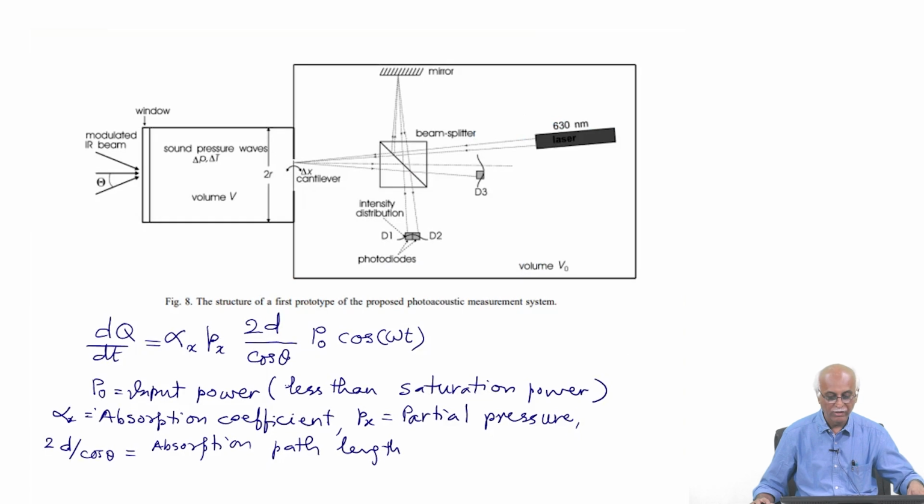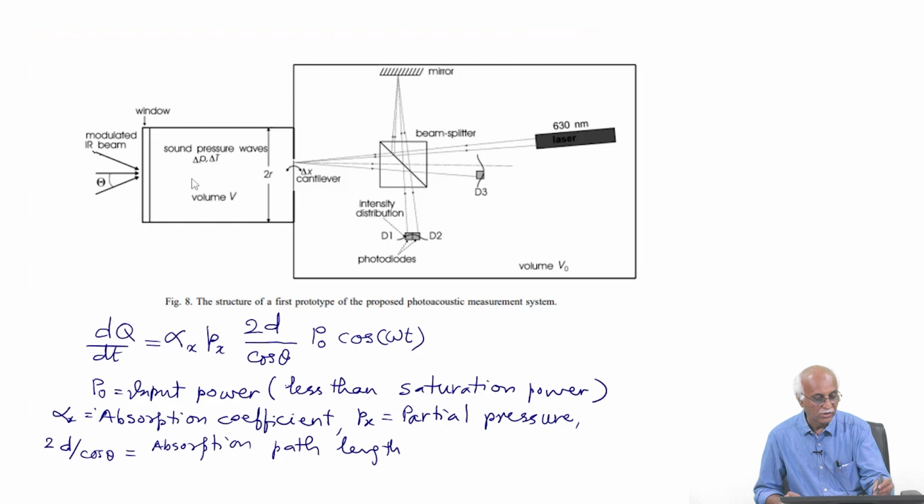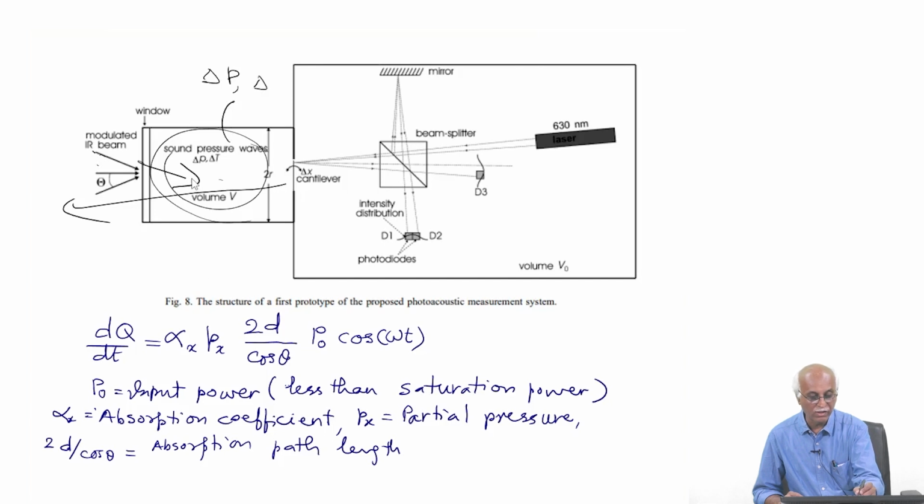So let me describe. Infrared light is going through the cell like this, and it reflects back here. This cell, which consists of, let us say, a certain trace gas, absorbs this infrared light, and heat is generated, which indirectly changes the pressure and the volume.